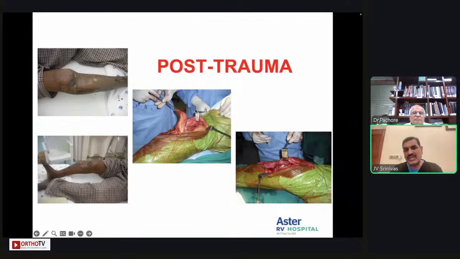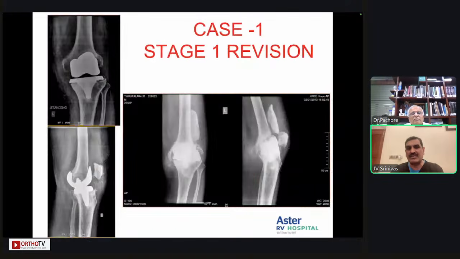There will be a lot of extra-articular adhesions. With a VY-plasty, the patella and the quadriceps tendon coming out of the wound is very important to expose your knee joint for the replacement. And some of the revision cases where we have done a VY-plasty, don't worry about the cases, it's a VY-plasty that I'm explaining.